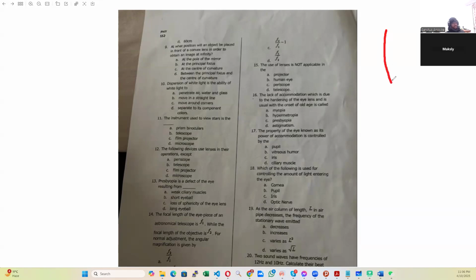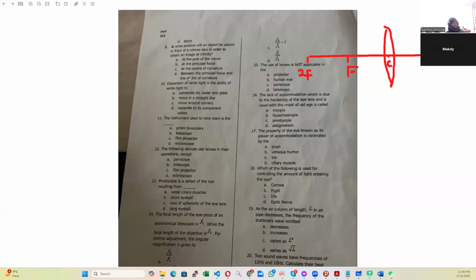If you have the lens like this, and this is the center, this C is not the center of curvature. This is F, and here is 2F. It is the 2F that is the center of curvature, not this. This one is the optical center.